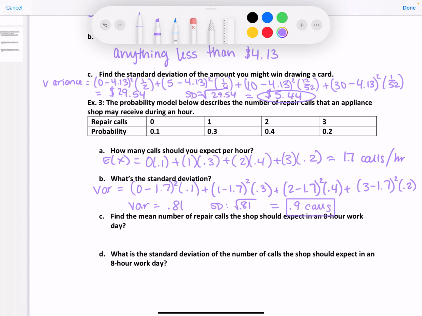No. The average is the expected value. So, no. We have 1.7 calls per hour in an 8-hour workday, so I'm going to multiply 1.7 times 8. And so in an 8-hour workday, we would expect 13.6 calls.